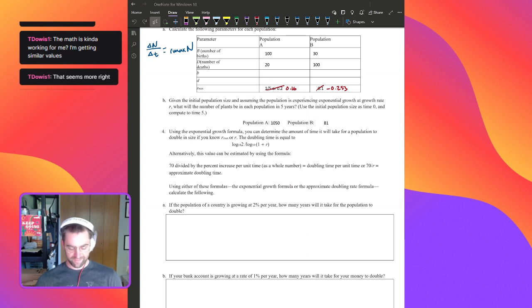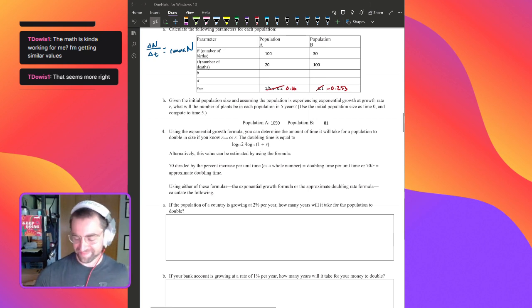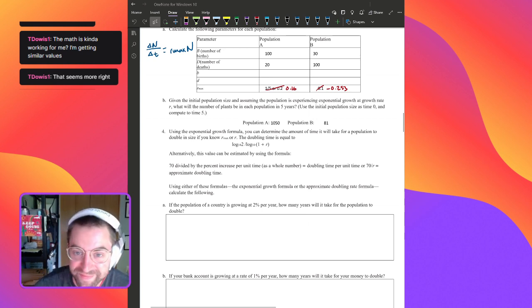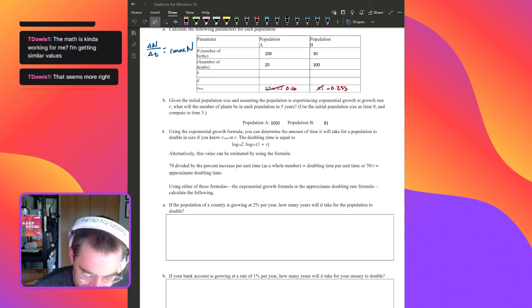There's 2 years, 3 years, 4 years. There has to be a better way. Except we're adding. Got population B on the brain, except we're adding. 580 times 0.16.